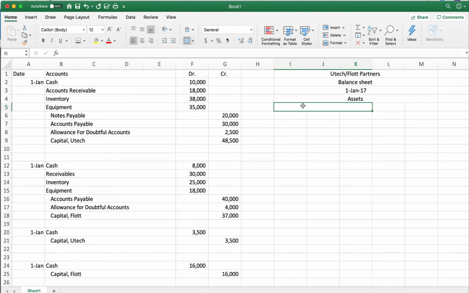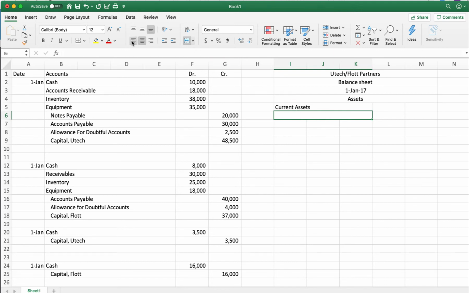So the first thing I need to list out is my current assets. Underneath current assets, I'm going to merge and center those first 3 columns in this row.